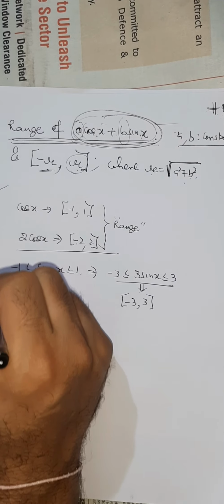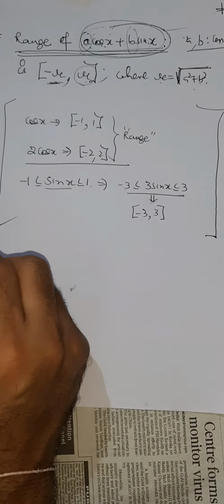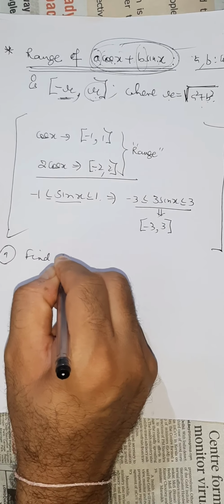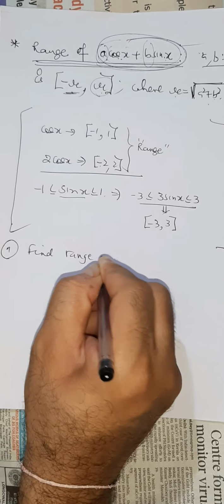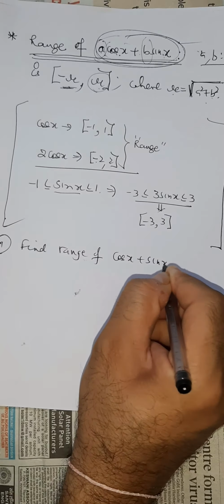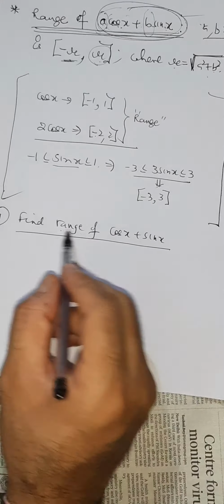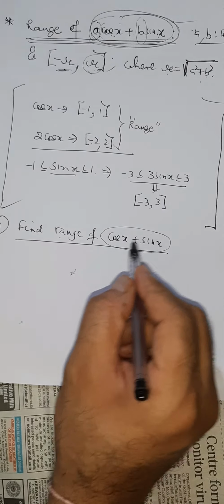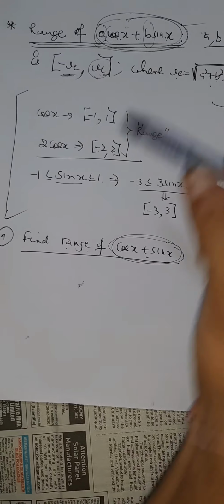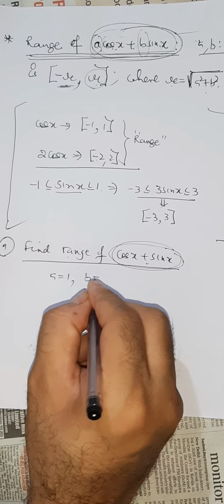Okay. So now suppose question is here, for example, find range of this function, cos x plus sin x, mixed function. So how we'll do this? Range means what's the maximum value of this function and minimum value of this function. So if I compare these two, here a is 1, b is also 1.